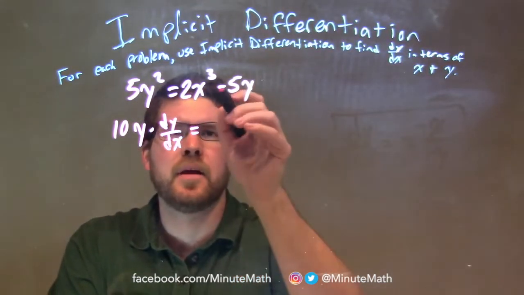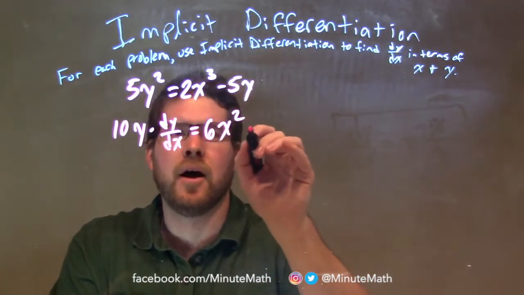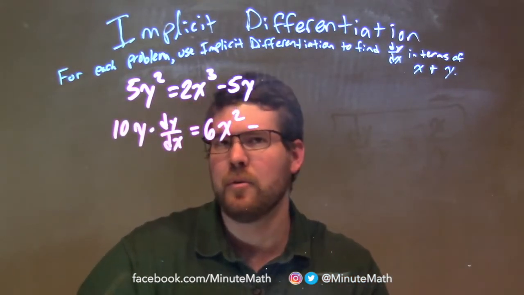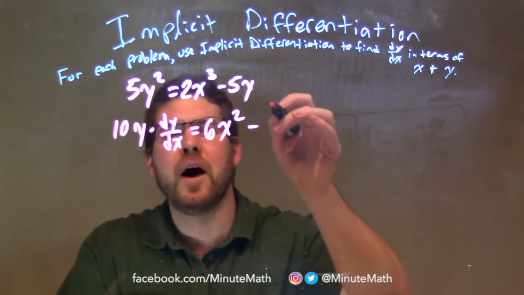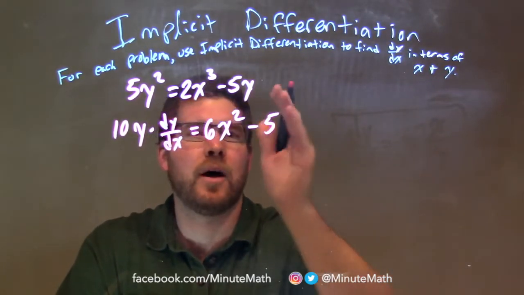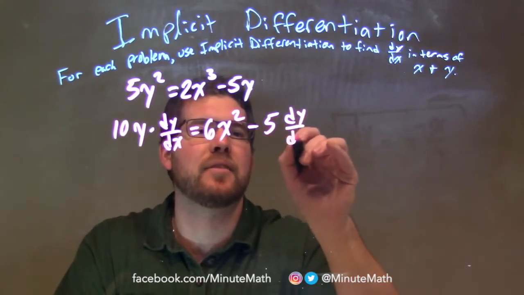Go to the right-hand side, power rule here, 3 comes down, times 2 is 6, 6x squared, all right? We don't do an extra step for the x's. Minus, well, derivative of 5y is minus 5, 5 is a constant, y being the derivative of y, dy/dx.